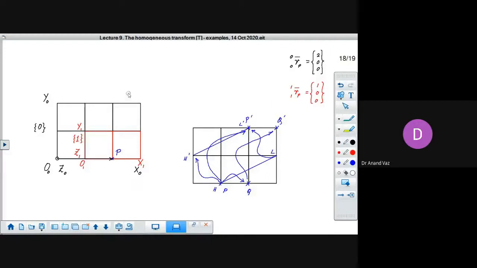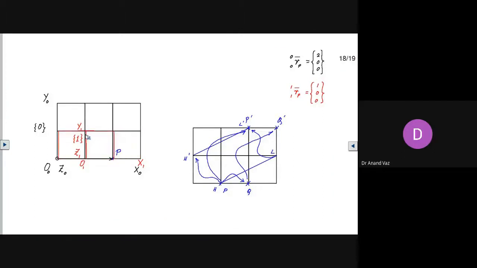Here now I'm going to shift this red frame back here, and now we plan to rotate this one. So we'll tilt it a little.